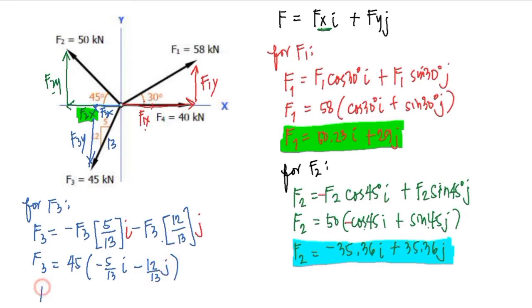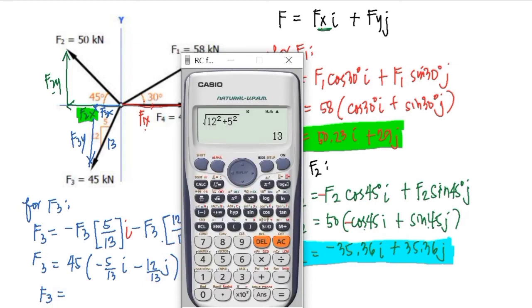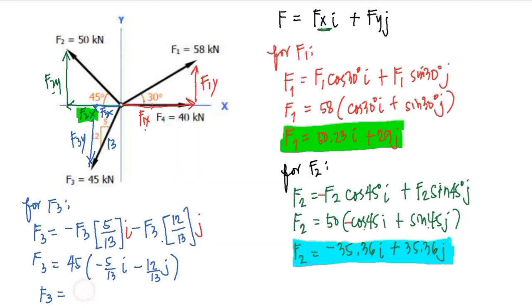So computing for this, we have F3 is equal to 45 times 5 over 13. I forgot to include the negative. That's 17.31. So it's negative 17.31i.